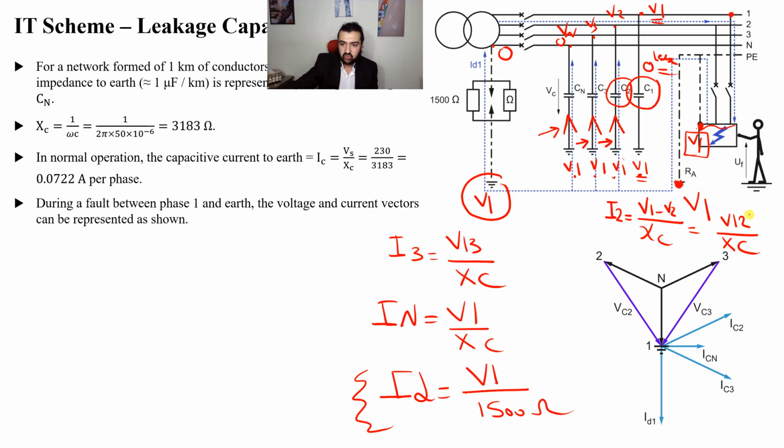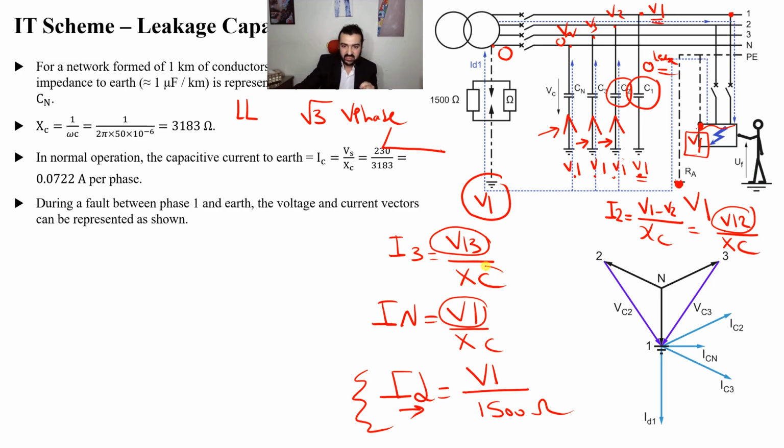V12 is a vector. A vector has a magnitude and an angle. We know that the line-to-line voltage is simply root 3 V phase with a certain angle. It changes based on which line-to-line voltage it is. V12 has a different angle from V13, and different from V1.